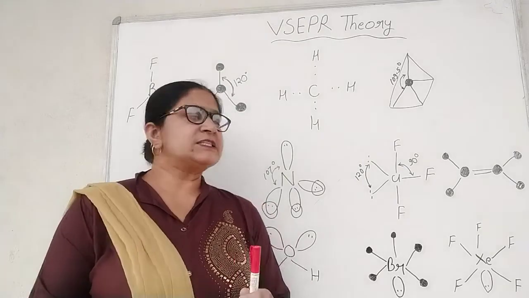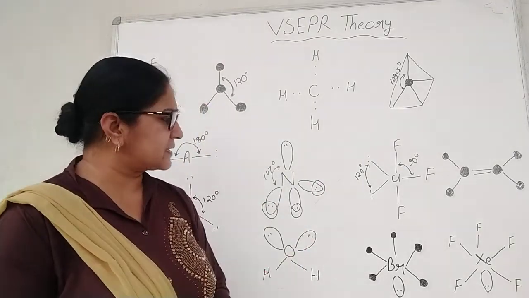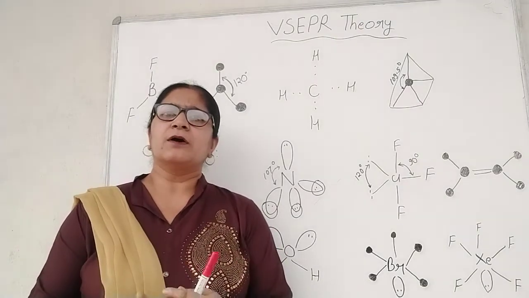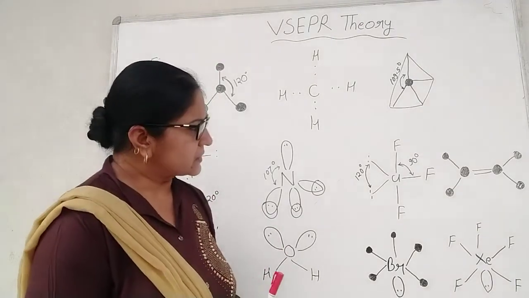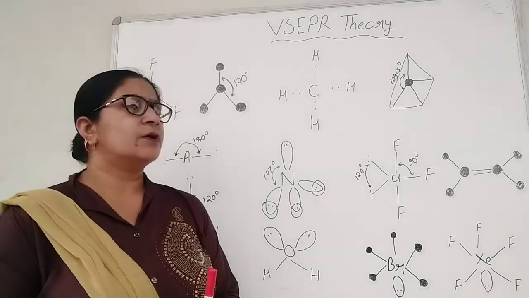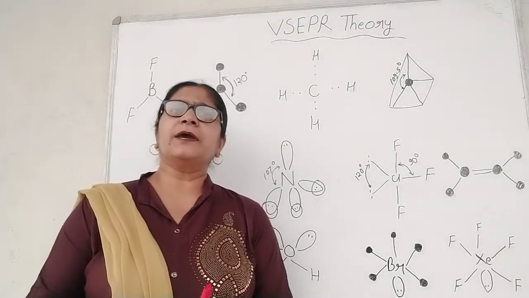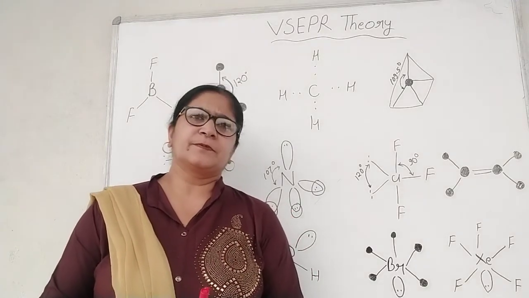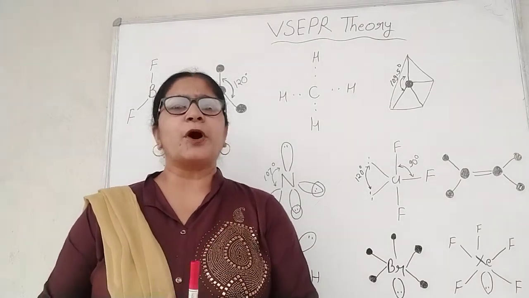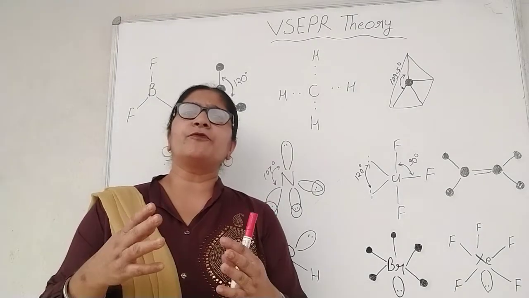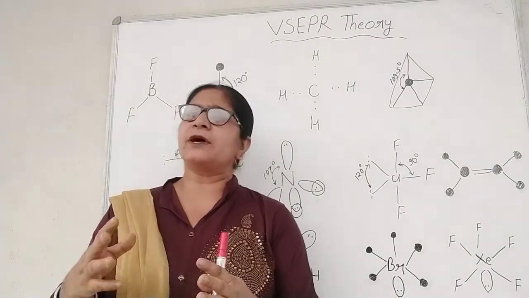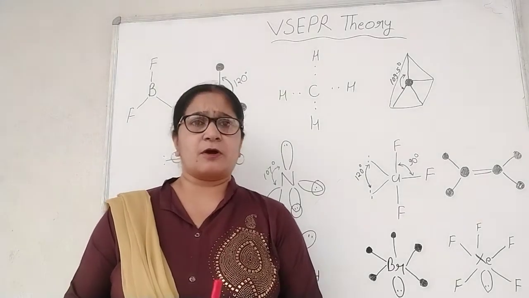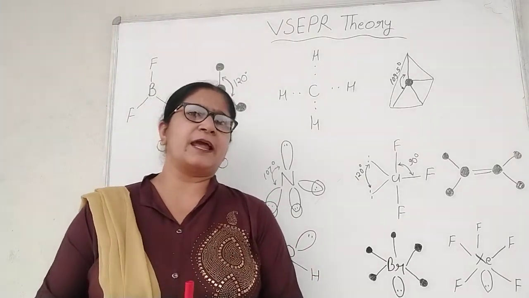Let's see another example, sulfur tetrafluoride. This molecule is seesaw shaped, as its bond angles are 101 degrees and 173 degrees, due to the lone pair of electrons on its central atom.